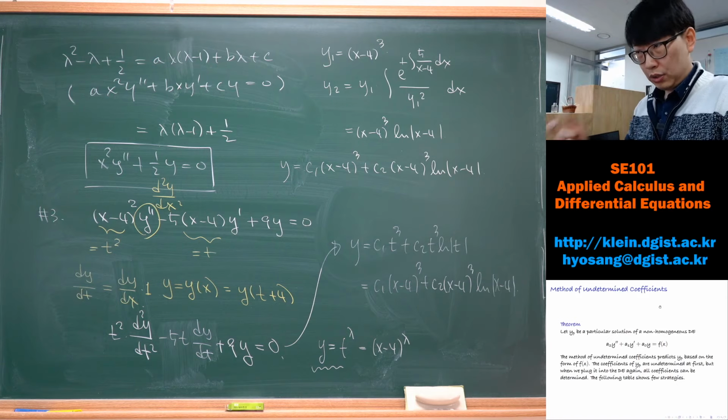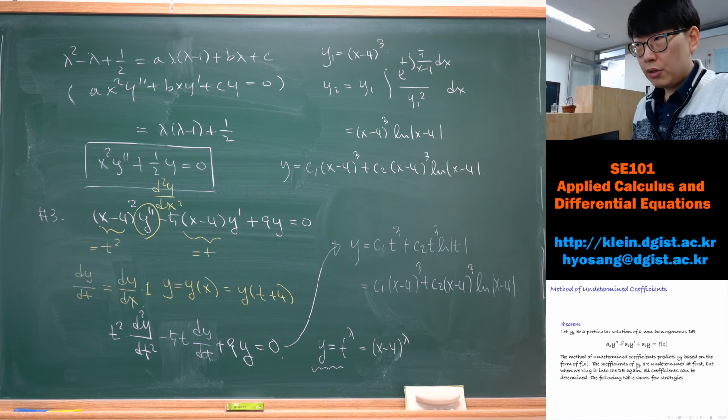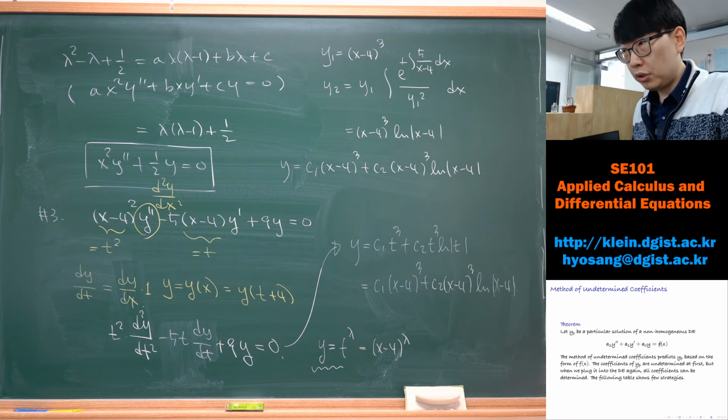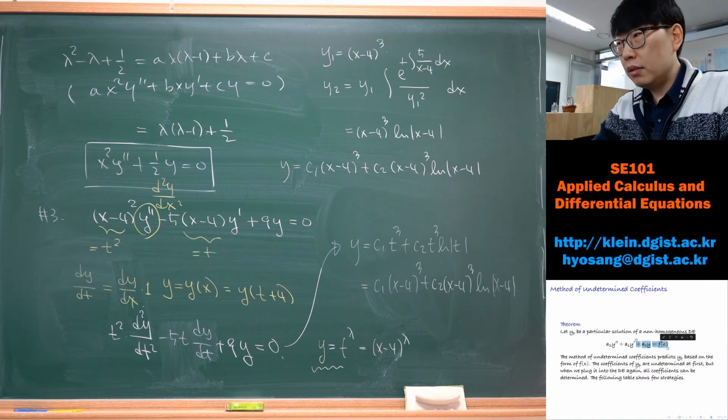Okay, so first, the method of undetermined coefficients starts with a differential equation with a non-zero non-homogeneous term f(x) here. Okay, and be careful that the coefficients in the differential equation are all constants.